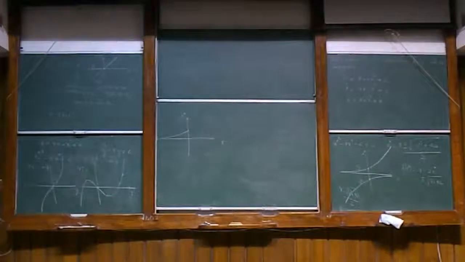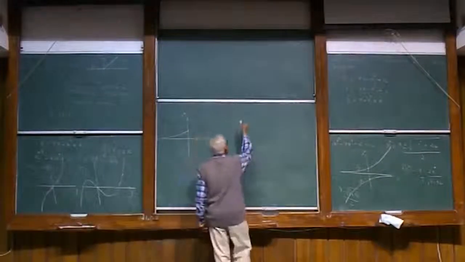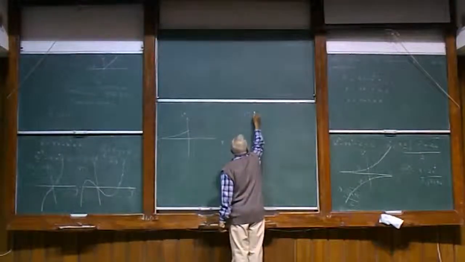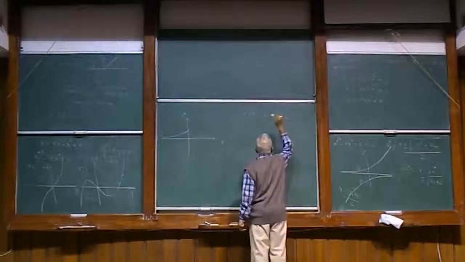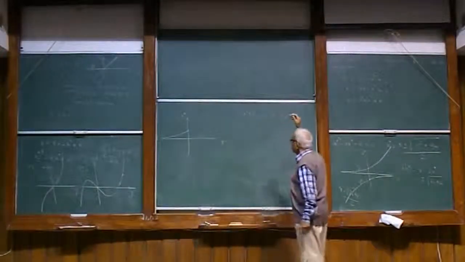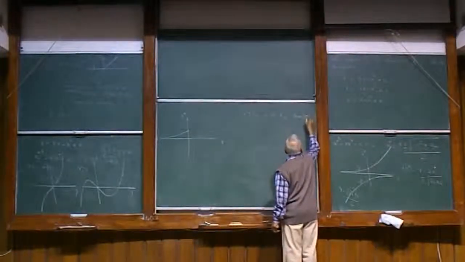So there are going to be three fixed points. So for r greater than 0 and epsilon less than a critical epsilon, there are going to be three fixed points.